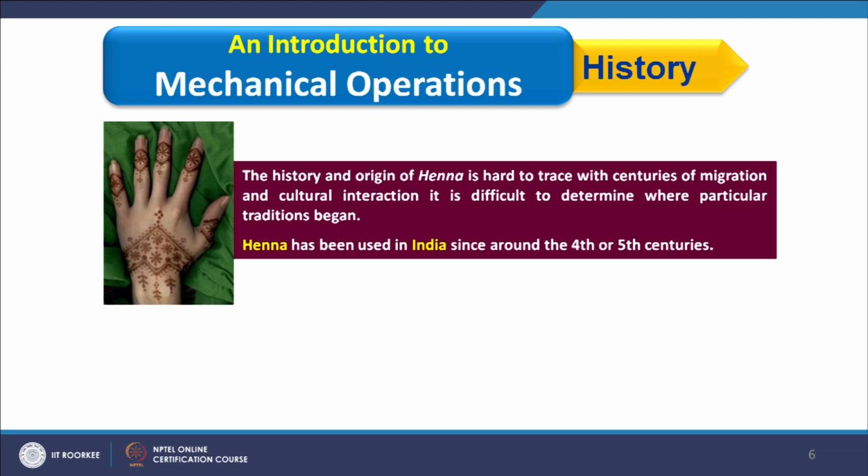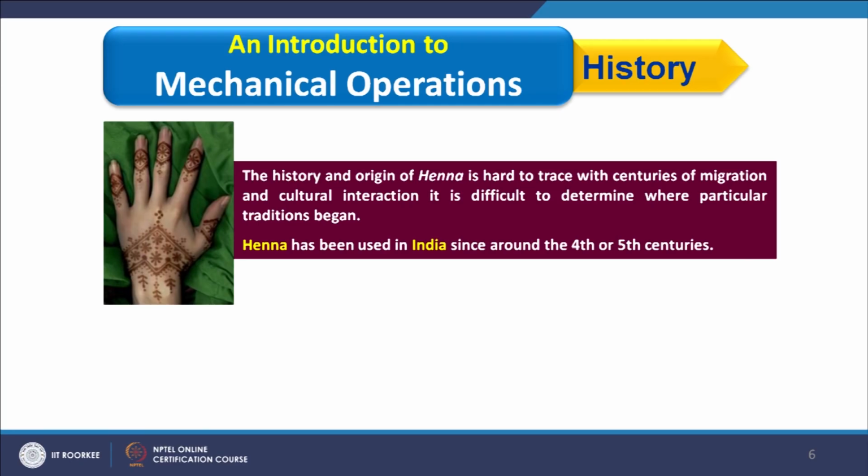Now if I trace the history of this particular henna, it is quite unknown because it comes in the tradition from the very beginning. And how is this prepared? This is prepared from the henna leaf. So we basically grind the henna leaf and then mix water in this to make a paste, and then we use this. So as far as leaf to powder is concerned, this process comes under mechanical operation.